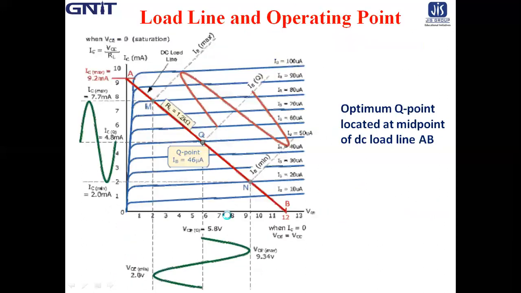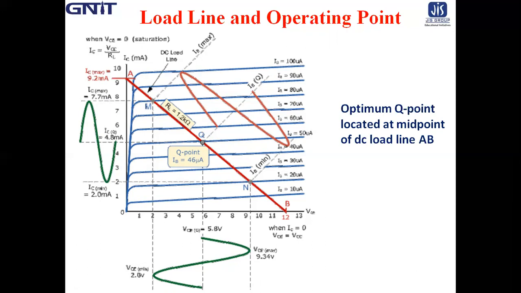It is represented as point A here, which is IC equal to VCC by RL when VCE equal to 0. Point A is called the saturation point, because this point lies in the saturation region.